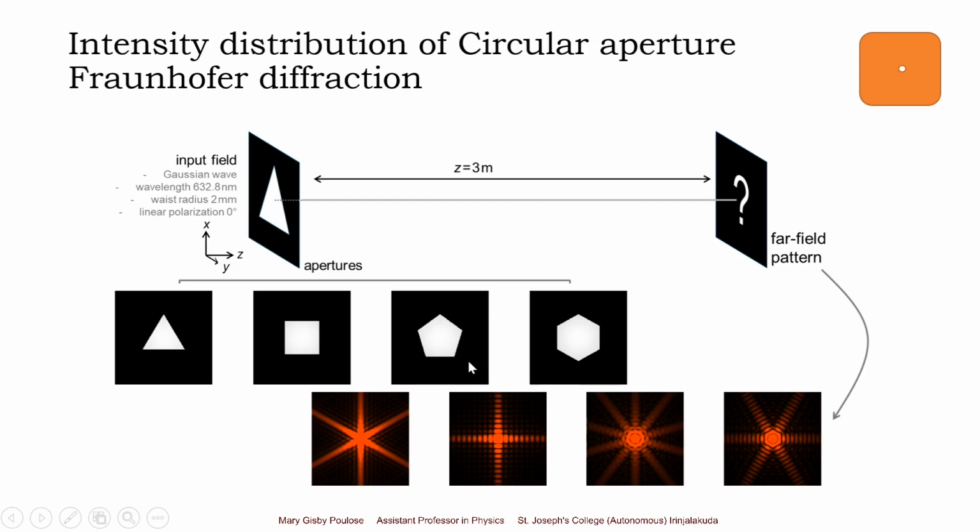For an aperture of pentagon shape, the diffraction pattern observed is as shown here. And if the aperture is the shape of a hexagon, the diffraction pattern observed is as here. So we have different patterns as the shape of the aperture changes. All these beautiful patterns are observed in nature. We just need to identify them.